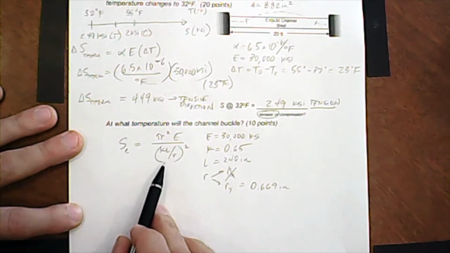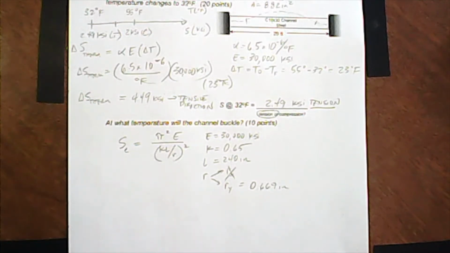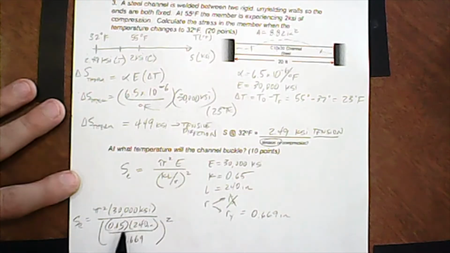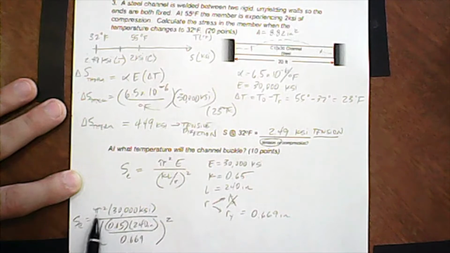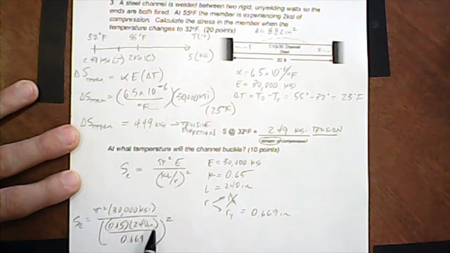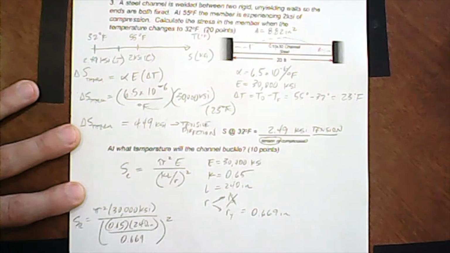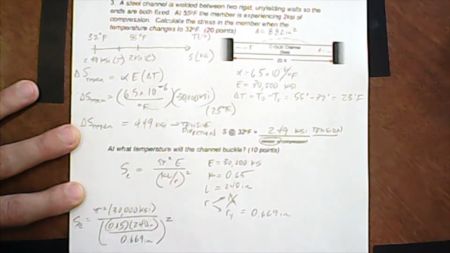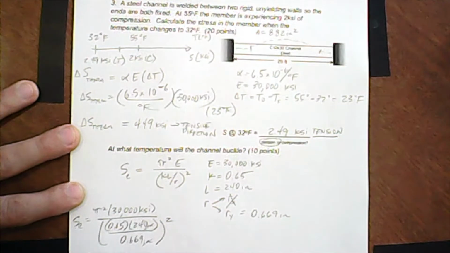So we crank through these numbers, and I'll write this out. Having written it all out, we have pi squared times E, 30,000 KSI, over 0.65 times 240 inches, and notice we've got inches and kips, and we're doing really well. And Ry, by the way, is in inches, so these inches cancel.